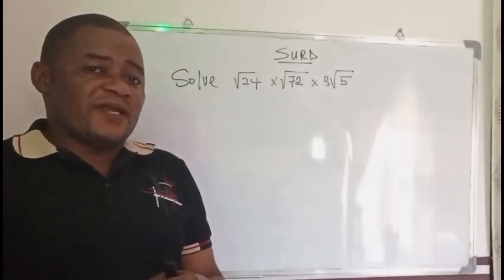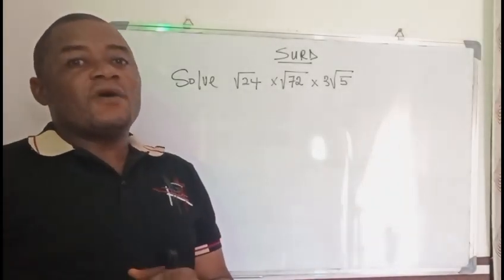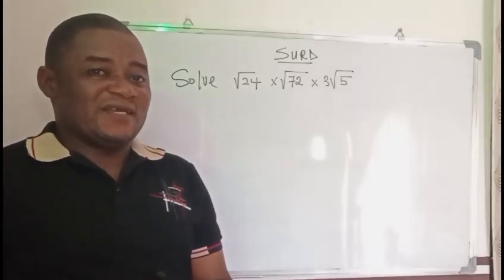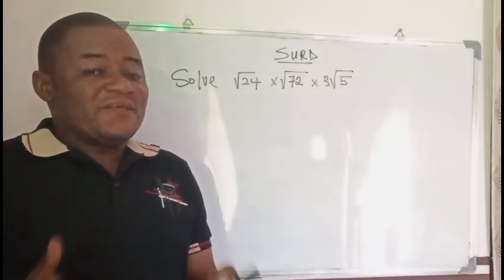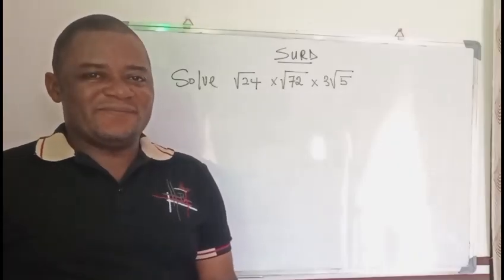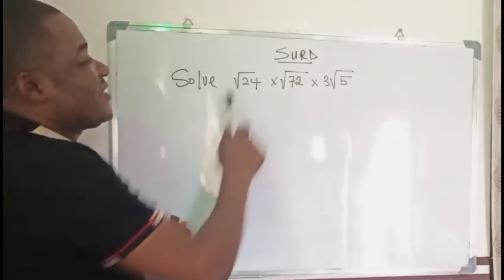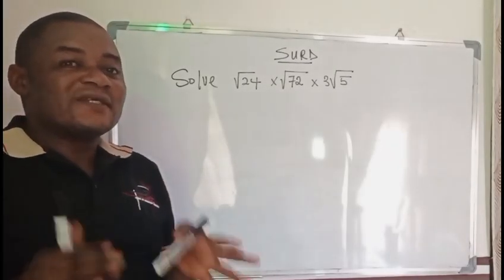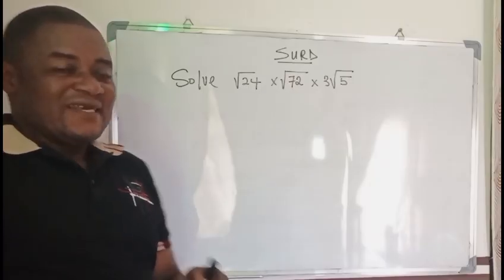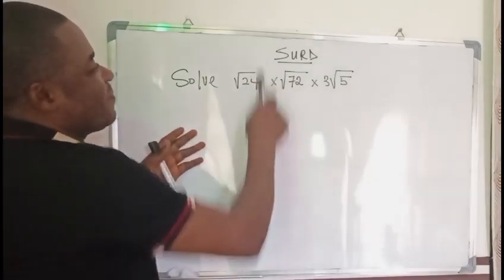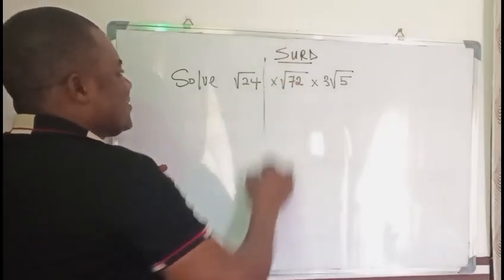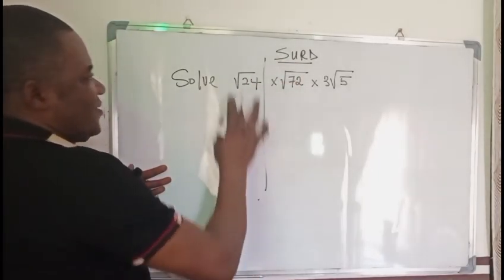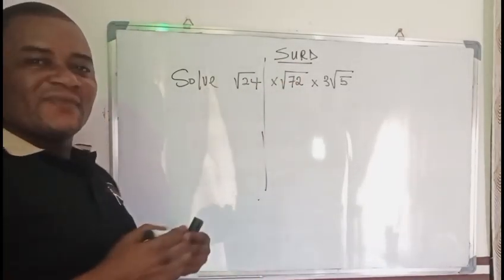To solve this problem, it is important that you understand your mathematical table. If you don't know how to multiply numbers, it becomes a bit difficult for you to face this problem. Remember that 24 can be 2 times 12. To solve this problem, we take it part by part. So first, we are going to take this part first, which is the 24.